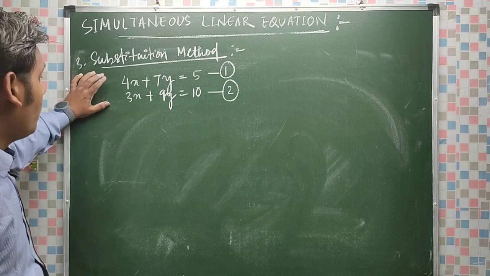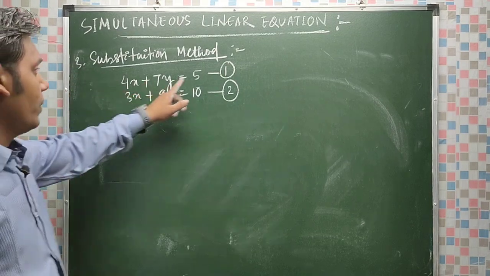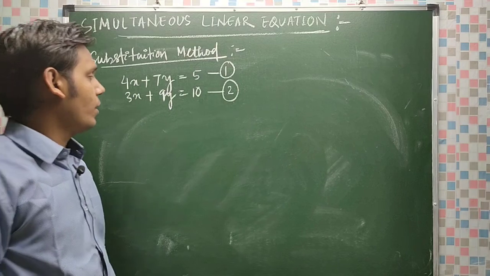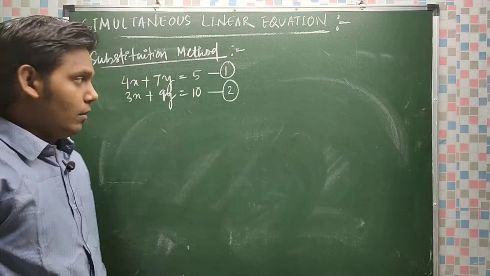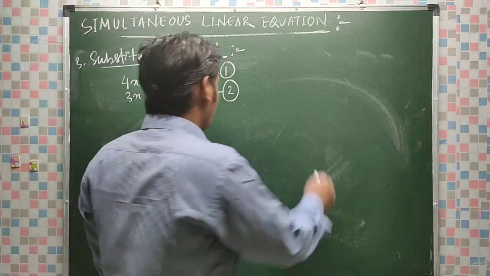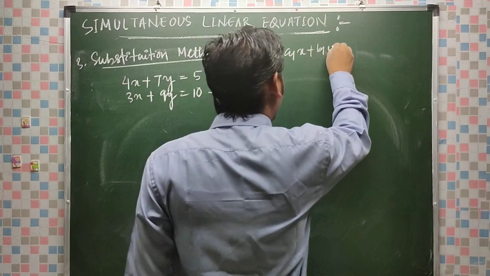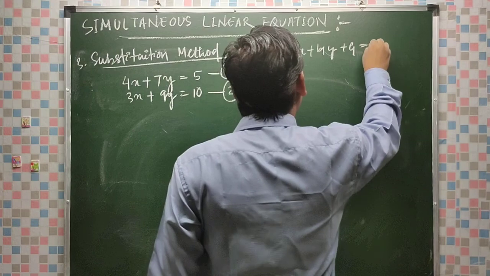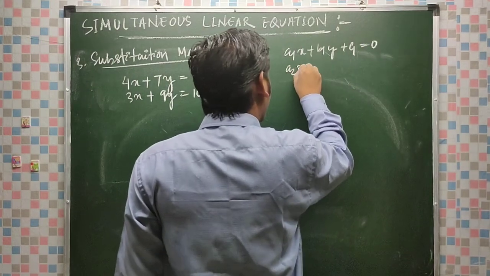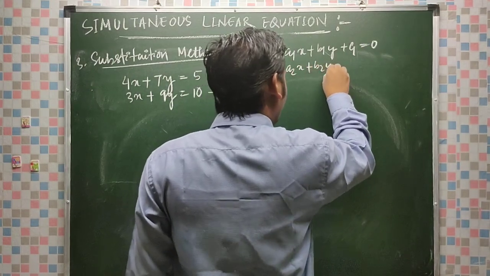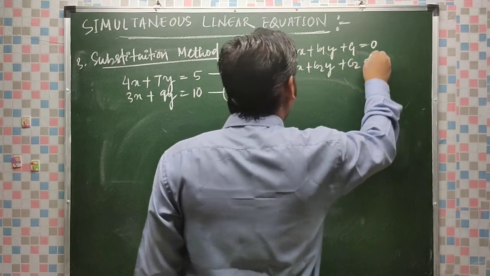Okay. Now this is in the form of a1x plus b1y is equals c1, a2x plus b2y is equals c2. So now what you have to do? You have to keep it like this: a1x plus b1y plus c1 is equals to 0, then a2x plus b2y plus c2 is equals to 0.